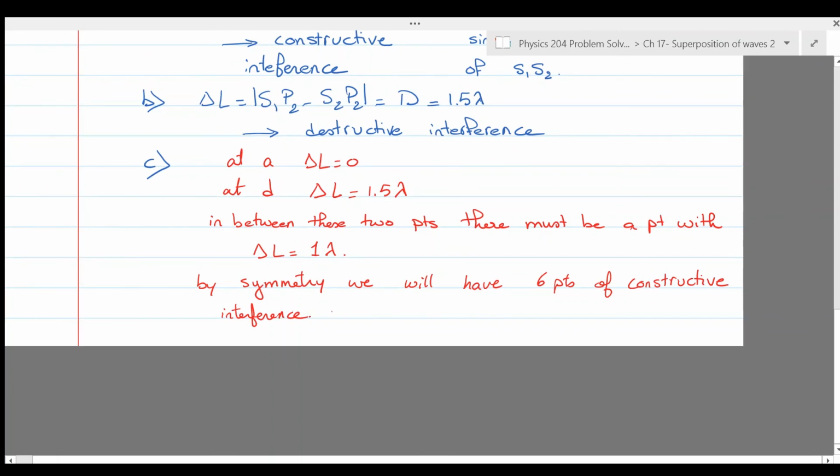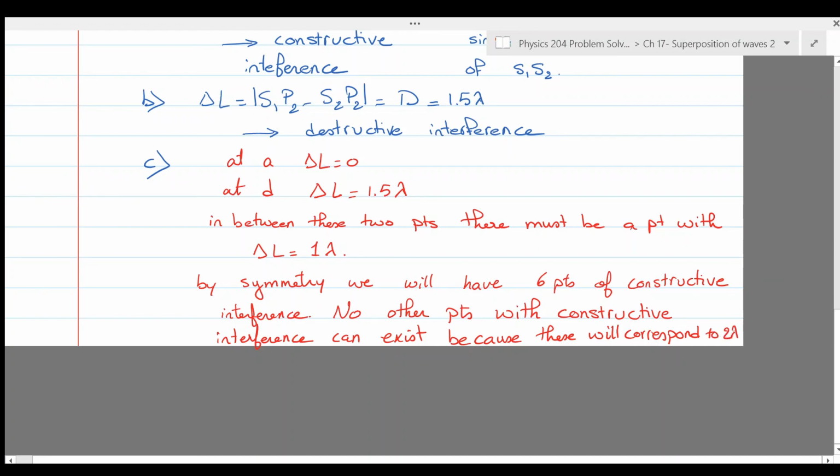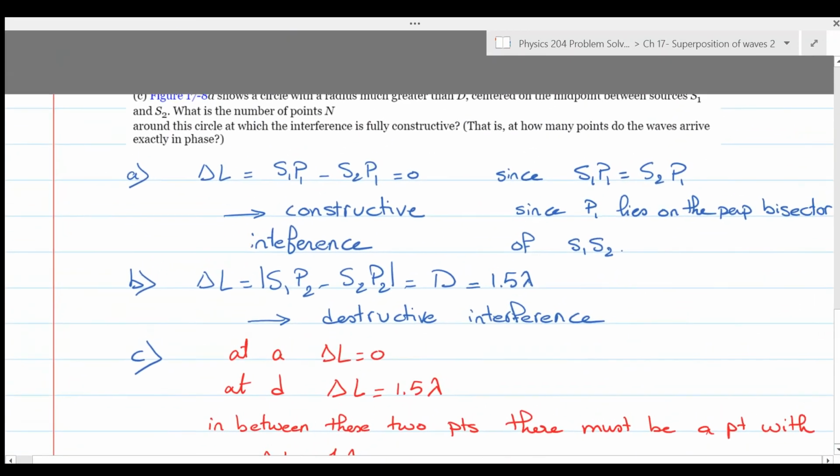And we can also note that no other points with constructive interference can exist because these will correspond to delta L equals 2 lambda and above, which is not possible on this circle.